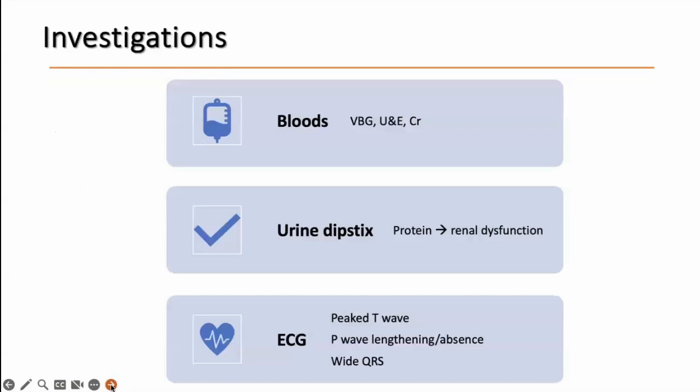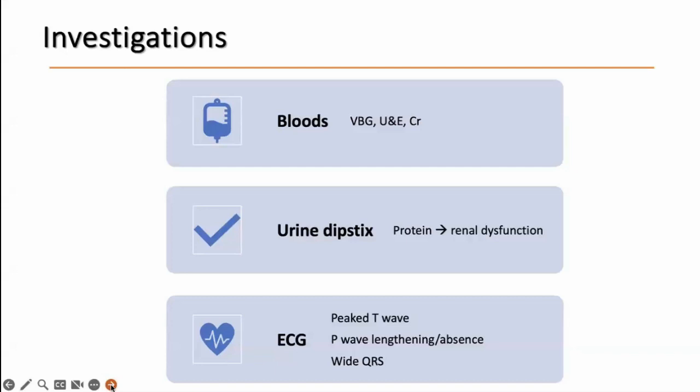So your investigations will be guided by your clinical history and your clinical presentation to try and figure out what would be causing it. But in your basic investigation workup for every patient, you should be doing a gas, doesn't have to be arterial, a UNE, and a creatinine.